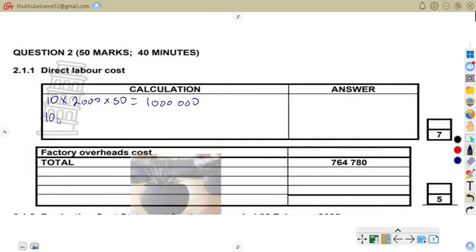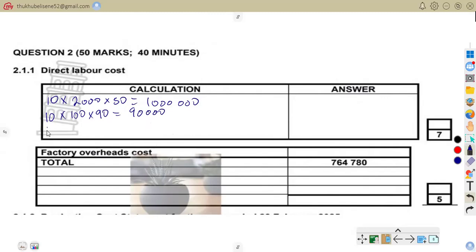Remember, we do have overtime as well. For overtime, we still have 10 workers, each working 100 hours, and our rate for overtime is 90 after we've made those calculations. It gave us 90,000. Employer's contribution, we have said, is 12% of normal wage.